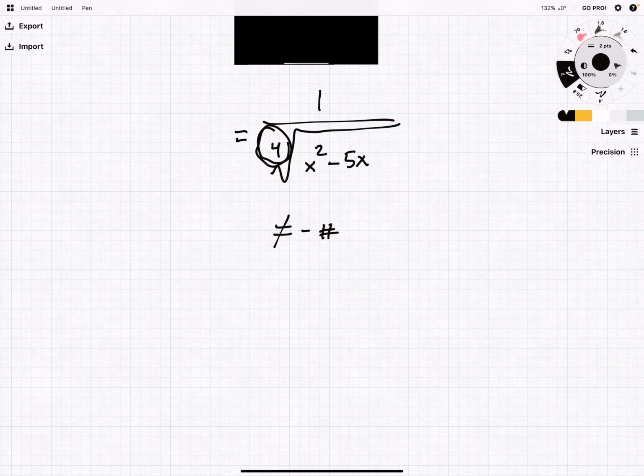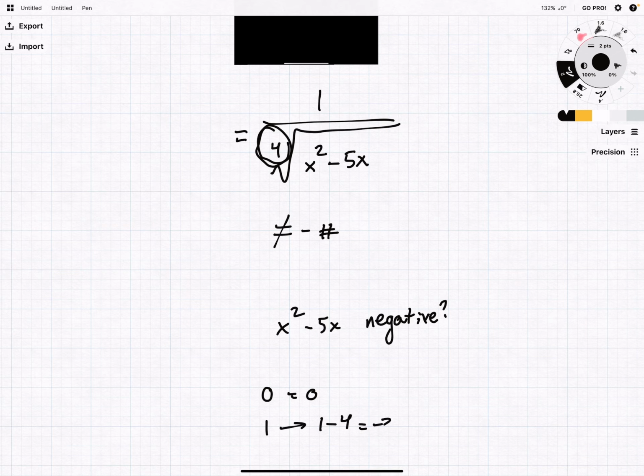So no negative numbers are allowed, and if we think, okay, what would make x squared minus 5x negative? Let's see. If we plugged in 0, we would just get 0. If we plugged in 1, we would get 1 minus 5, which would give us negative 4.